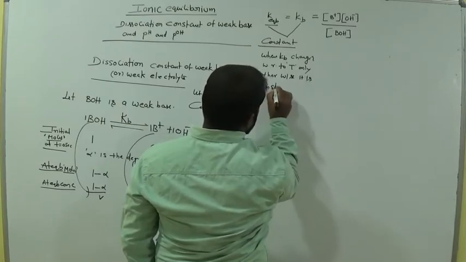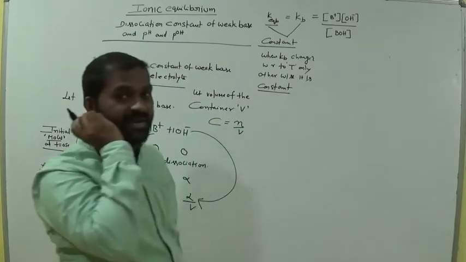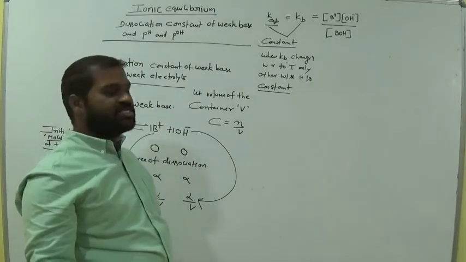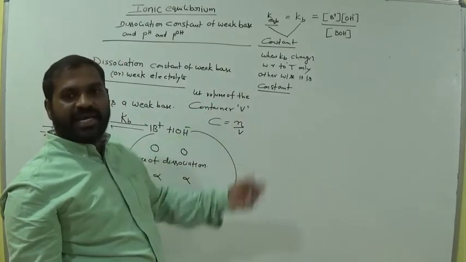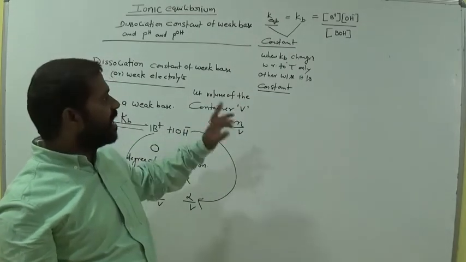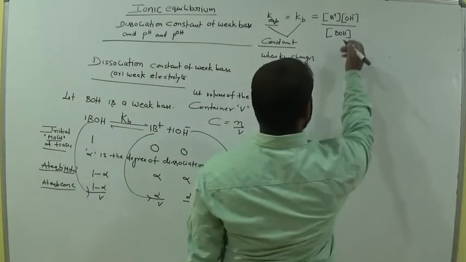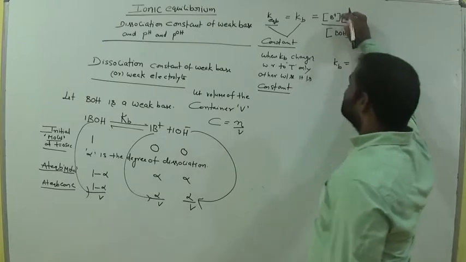Remember this point, a very, very important point. The Kb value is almost constant, but when the temperature is increased or decreased, the Kb value changes. So the Kb value depends on temperature.